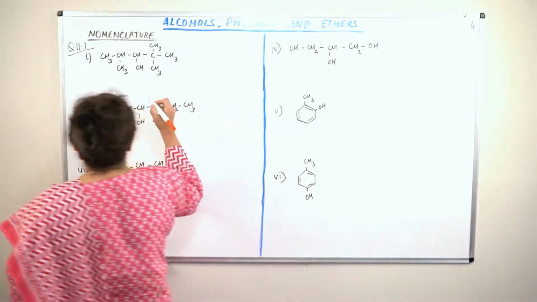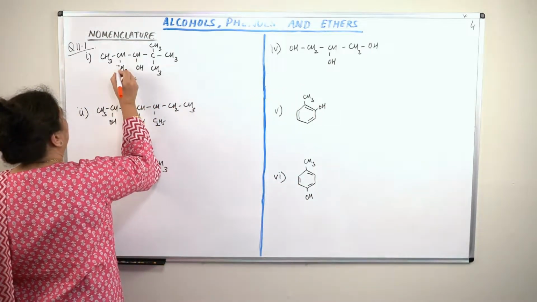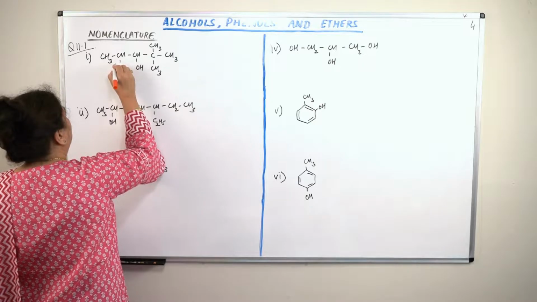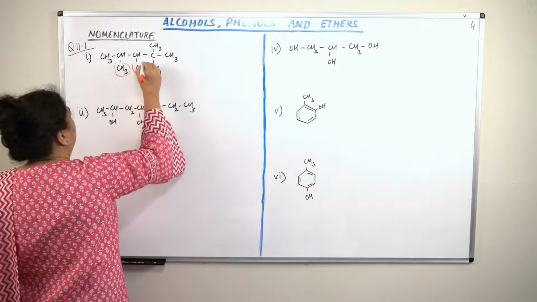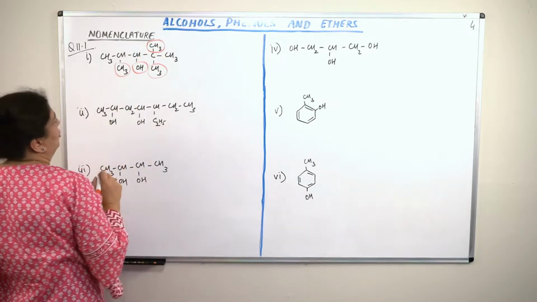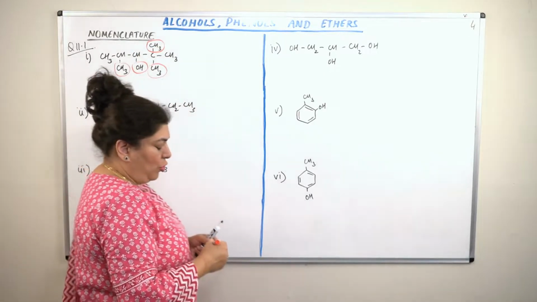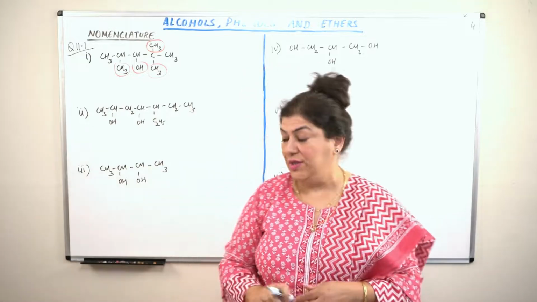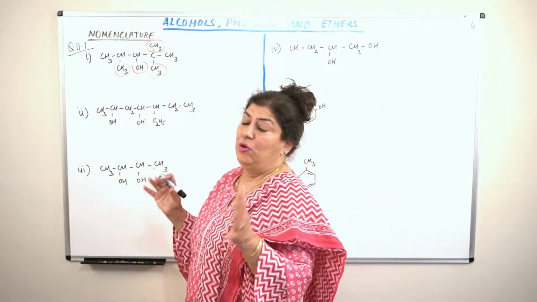What are the substituents and the functional groups that I have? This is the functional group I have, the OH, and these are the substituents, or the branches. So I have 4 branches that I have to name and give locants to.